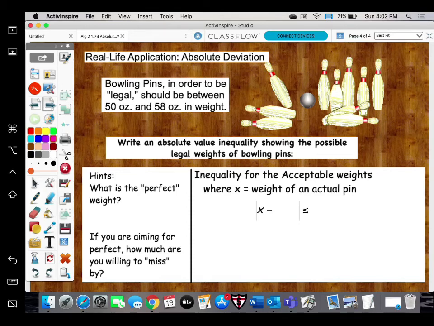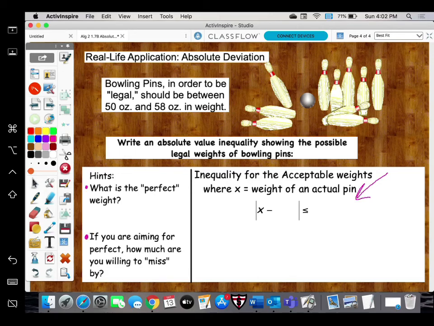We can write an absolute value inequality that shows those possible weights. We want to think about what is the perfect weight for a pin and how much we are willing to miss it by.